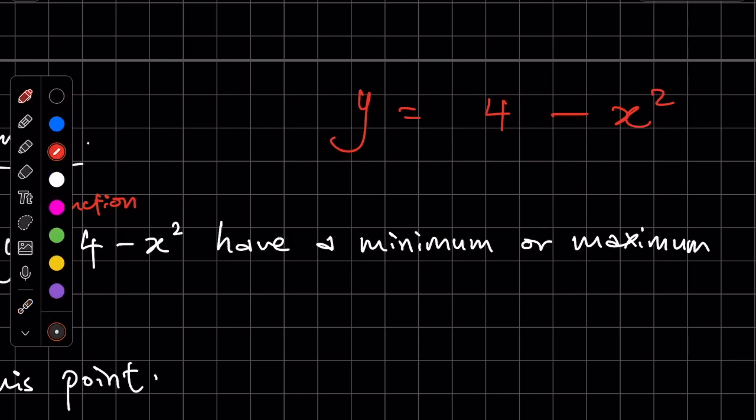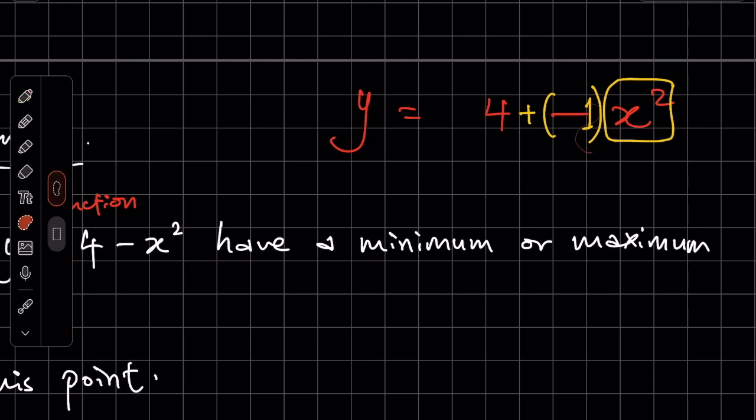In this case, there's no number in front of x squared, but there's a negative sign. That means this is like saying plus negative 1 times x squared. I know this is very messy, but something like this.